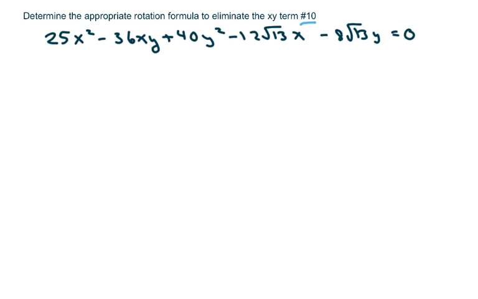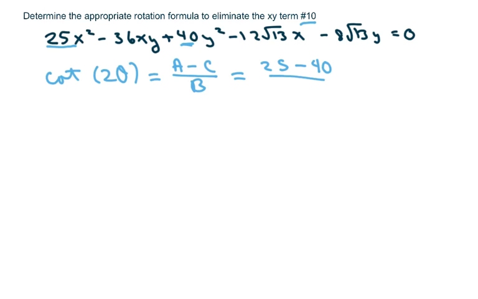So the first thing we need to do is use cotangent of 2 theta, which we know is A minus C over B. A is 25, B is 40, and C is negative 36.